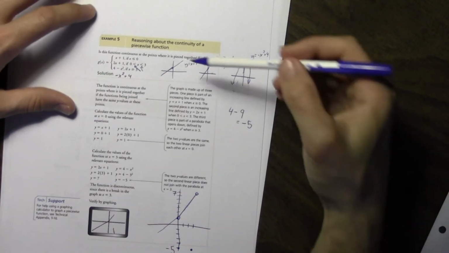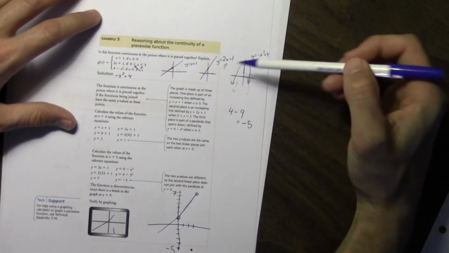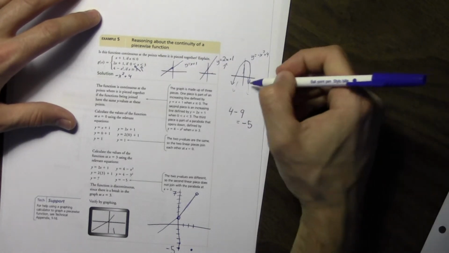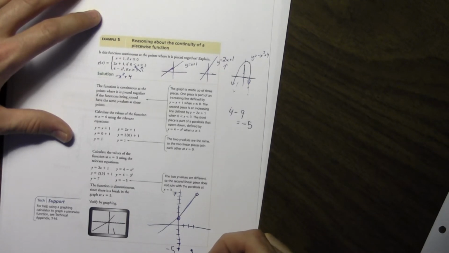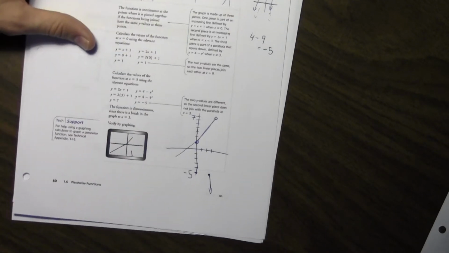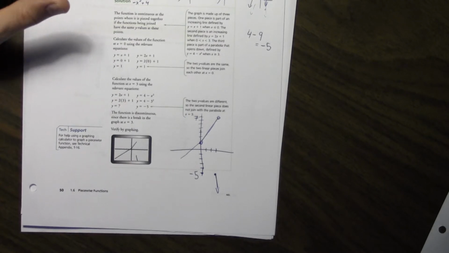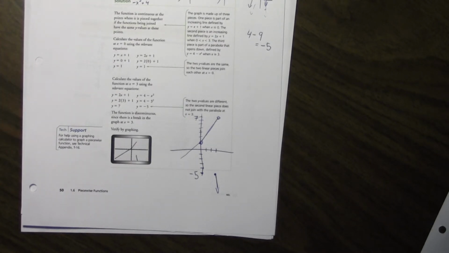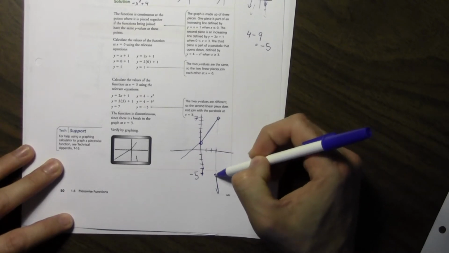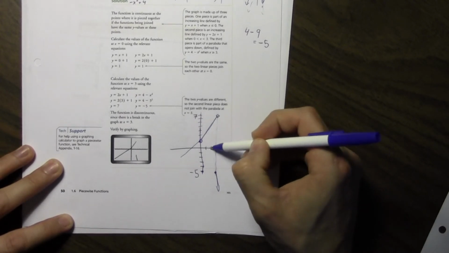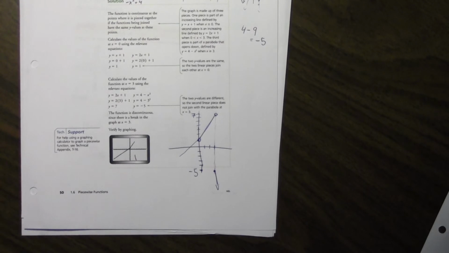So I have to draw the rest of this now because it's greater than and equal to 3. What's happening the rest of this? When I hit -5, I'm on a downward spin. Okay? And these are the same. Any questions?